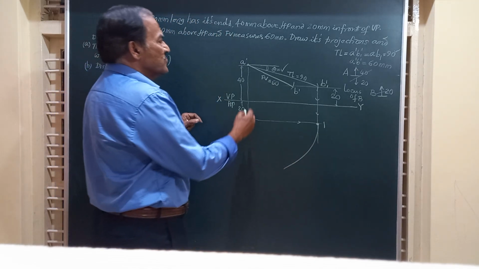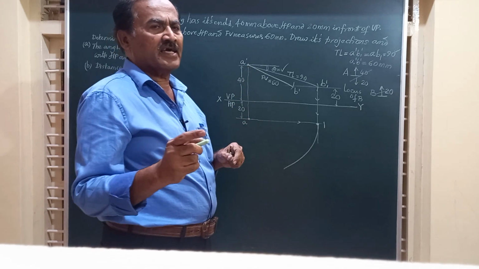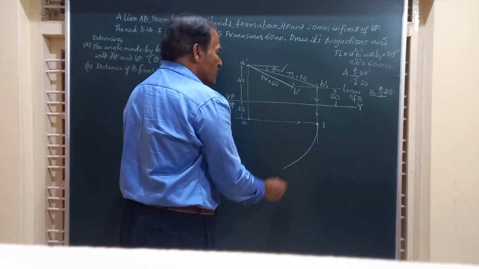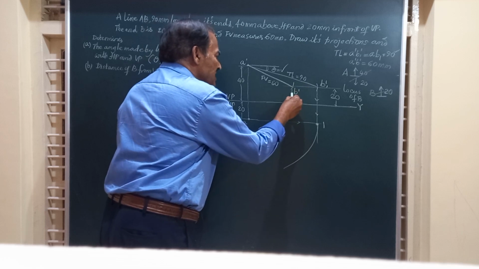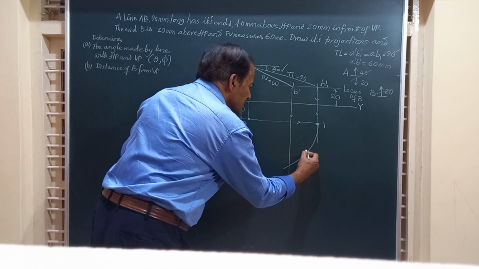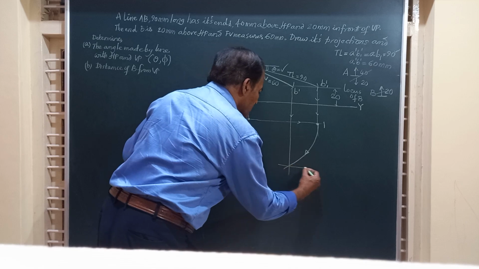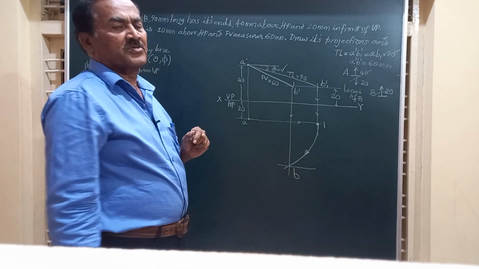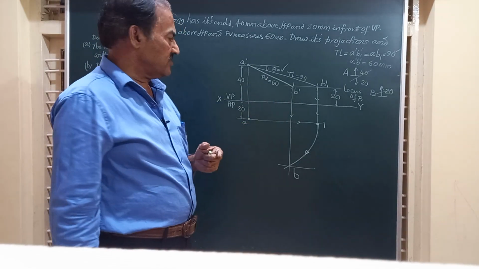Friends, you know very well, the points A dash and A lie on a vertical line. Similarly, B dash and B should lie on a vertical line. We already have this B dash. From there, I can draw a vertical line downwards so as to cut the arc drawn through this point at the point B, because B dash and B should lie on the same vertical line which is perpendicular to HP.